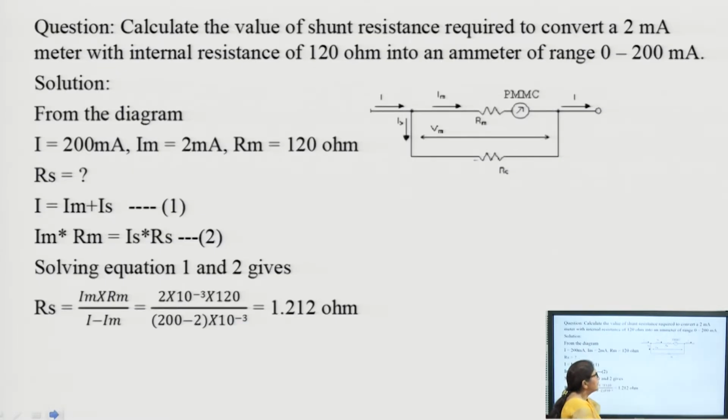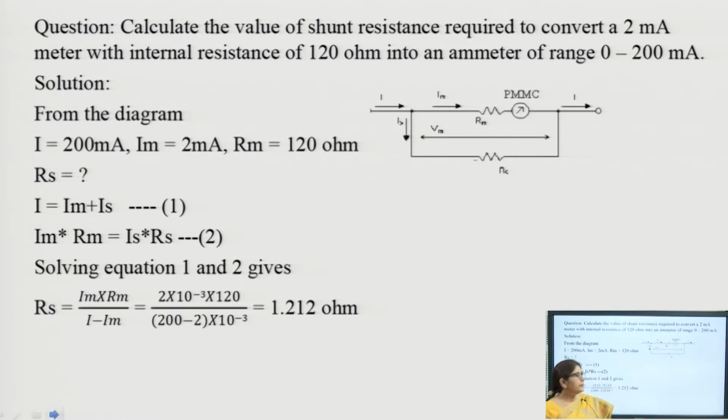Okay, there is one question: we have to calculate the value of shunt resistance required to convert a 2 milliampere meter with internal resistance of 120 ohm into an ammeter of range 0 to 200 milliampere. It means we have to convert our meter, which measures a maximum current of 2 milliampere, into a meter that can measure 200 milliampere.